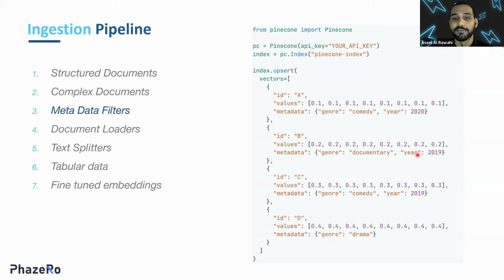So for example, if the user question is in the genre of comedy or asking for a document specific to the year 2020, what we can do is metadata filtering on these documents and only treat the documents that have the filter of the year 2020, which is a very efficient and robust way of ensuring whatever we're feeding to the large language model is actually what we intend to feed it.